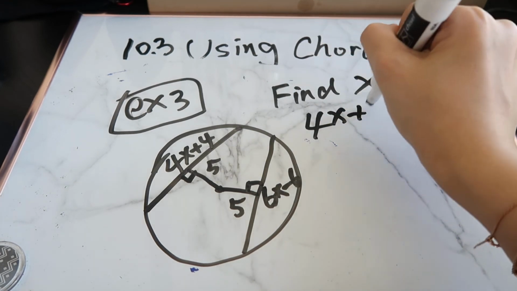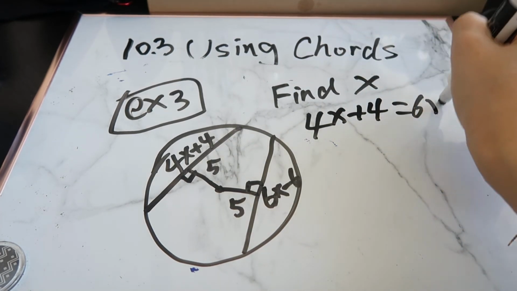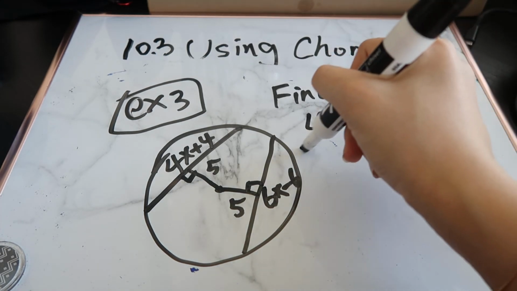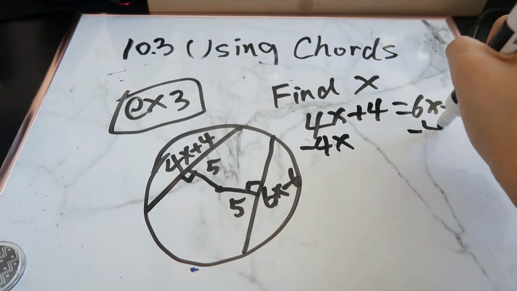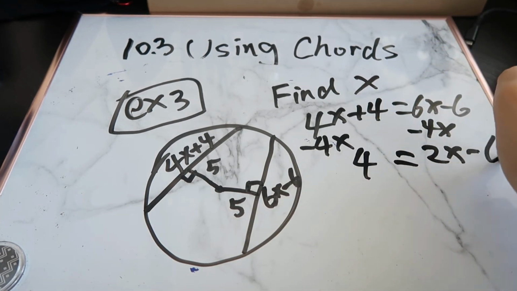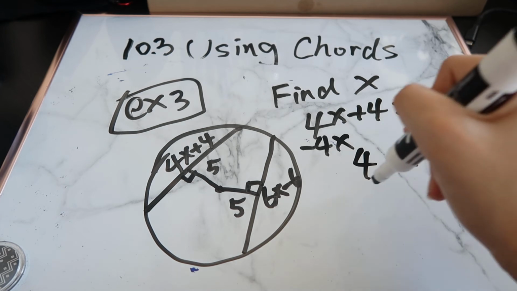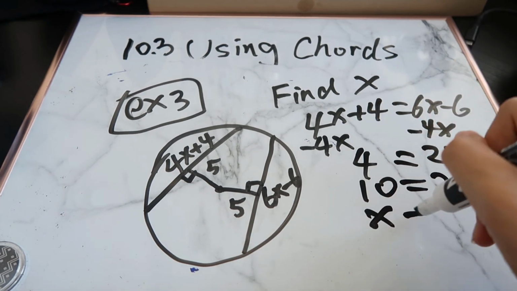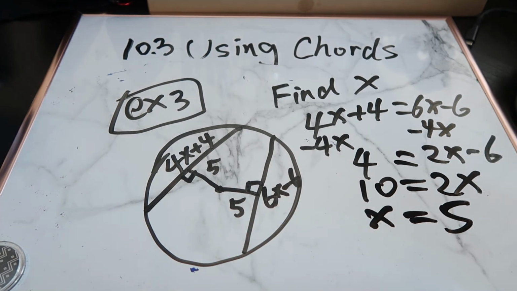So 4x plus 4 would equal 6x minus 6. Then you would solve for the equation. So when you minus 4x on both sides, it will be 4 equals 2x minus 6. And then when you add 6, it will be 10 equals 2x, divided by 2, x would be 5.